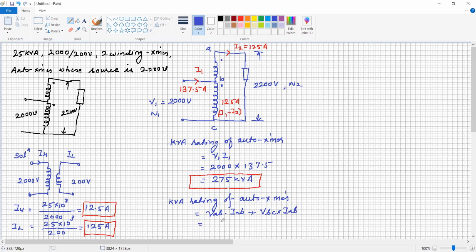A to B is 200 volt multiplied by current 125 ampere, and B to C voltage is 2000 volt multiplied by current 12.5 ampere.